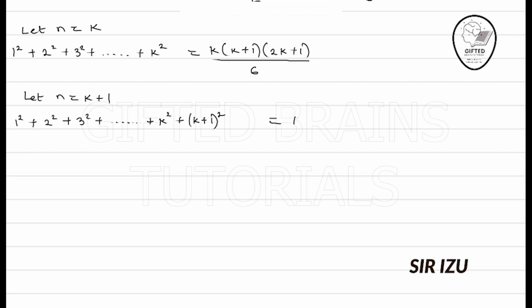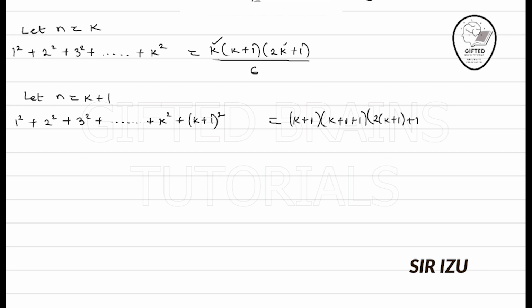So we have k plus 1 instead of just n, and then k plus 1 again, plus 1, over 6, then again 2 into k plus 1. You see what I'm doing now? Anywhere you see this k, change it to k plus 1, because it was n that was there before. And so then plus 1.